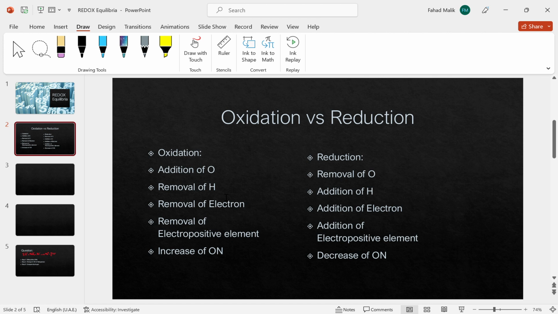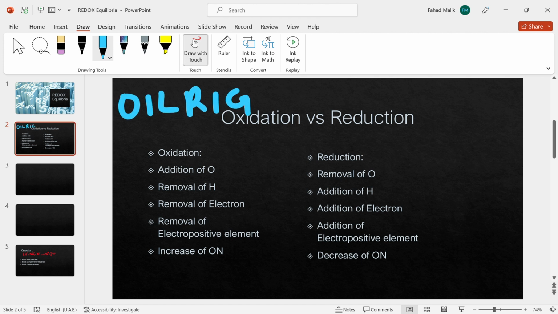Now, there's a really cool mnemonic which is pretty common, and that is OIL RIG. You can use this to remember these two points: oxidation is loss of electrons, and oxidation is loss of hydrogen. So O stands for oxidation, I stands for is, L stands for loss.